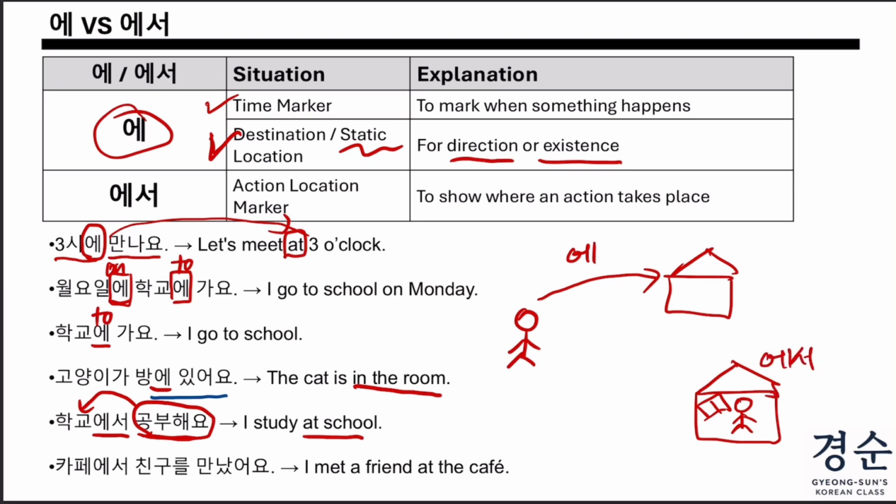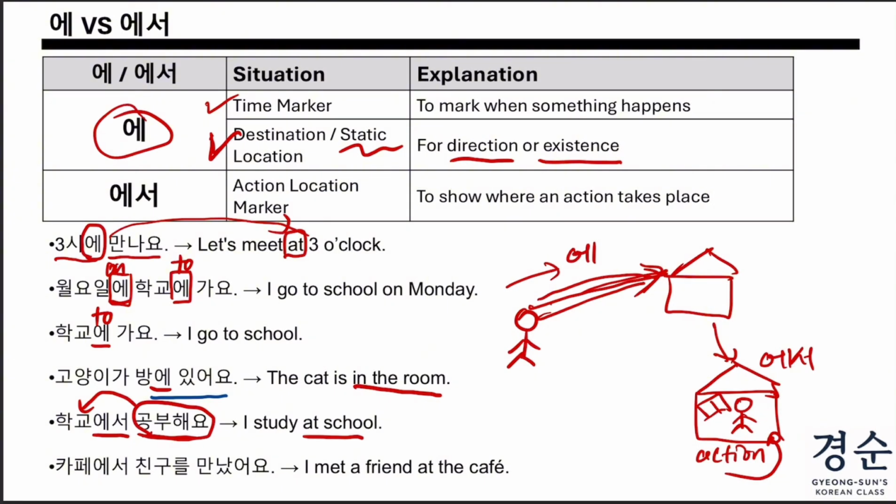Why? Because your action remains in the school. But going to the school, you are referring to the direction. You are going to the school. But once you reach school, you do some studying, right? So 에서, 학교에서 공부해요. Okay? I hope this is clear enough, and sorry about the bad drawing.